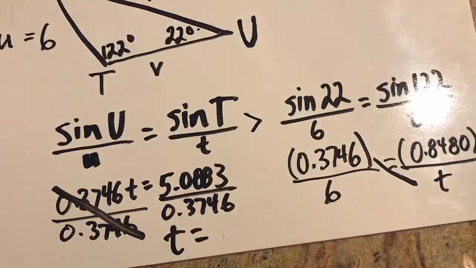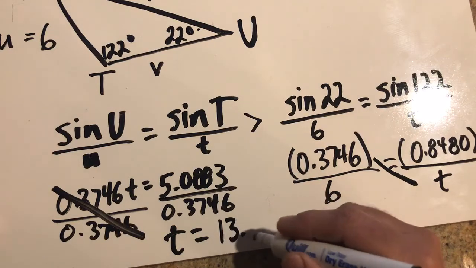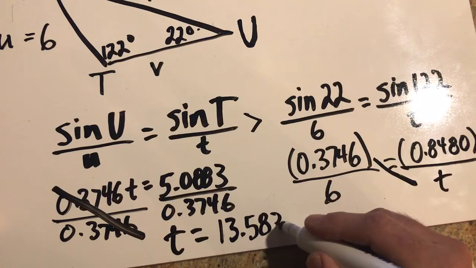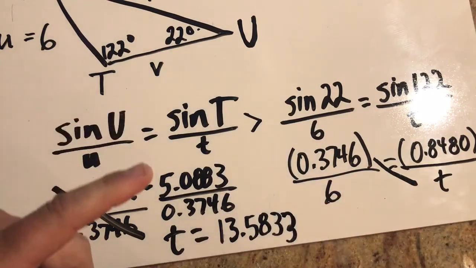I'm getting 13.5833 rounded to the nearest 10,000th for t.